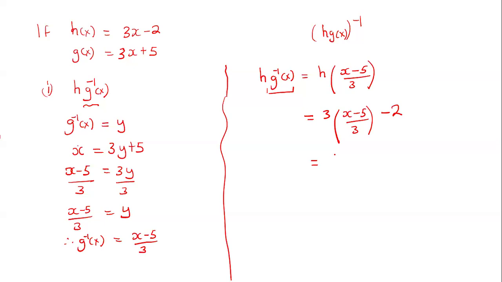We are going to have 3x minus 15 over 3, then minus 2. Remember, this 3 only affects what is up, it doesn't affect what is down. Let's continue. Minus 2.